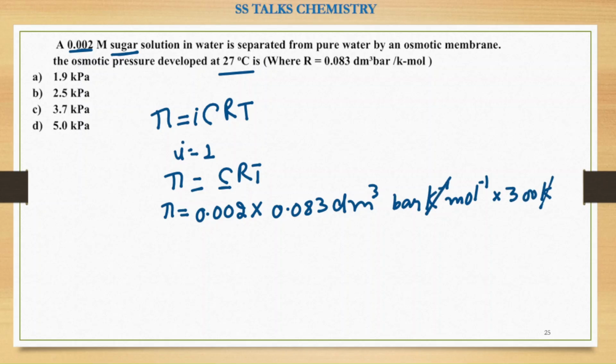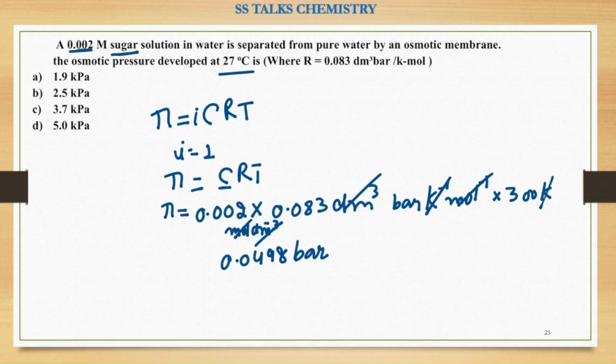So the per Kelvin term will get cancelled out, and molar means mole per decimeter cube, so the mole and per mole terms will get cancelled out, and per decimeter cube and decimeter cube will also cancel out. So pi we are getting in terms of bar pressure, that is 0.0498 bar.